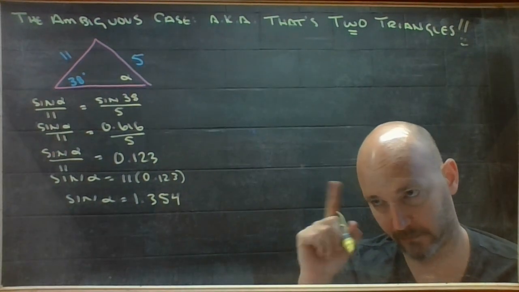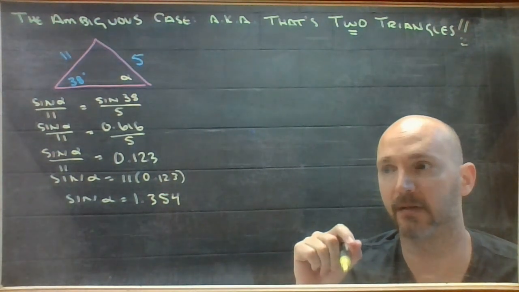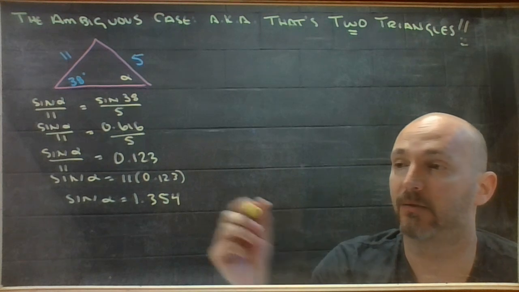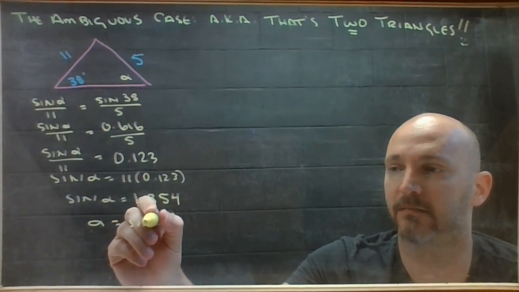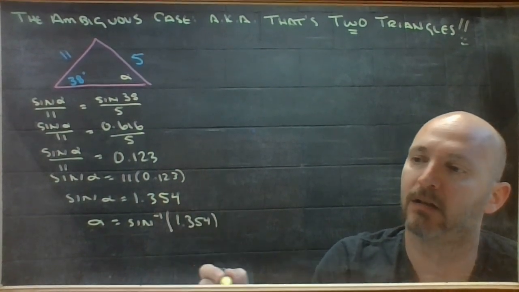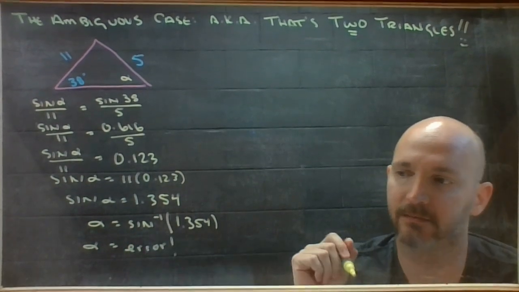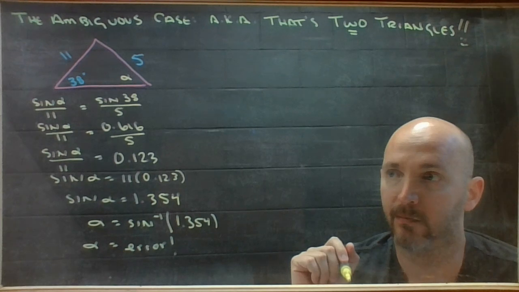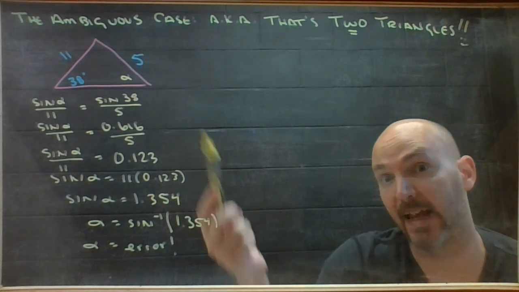Now if you're familiar with sine, you might already have an alarm bell going off. But if not, we'll just sort of mindlessly arc sine both sides. And if you try to do that, you end up with an error. So this particular triangle actually can't exist.